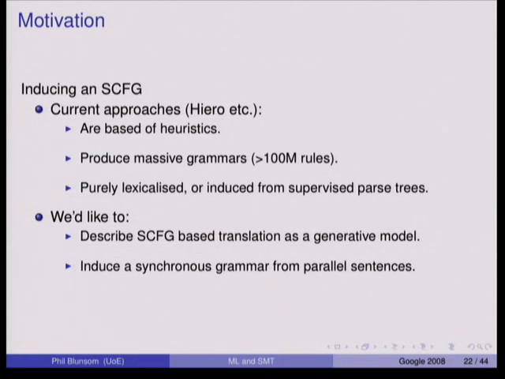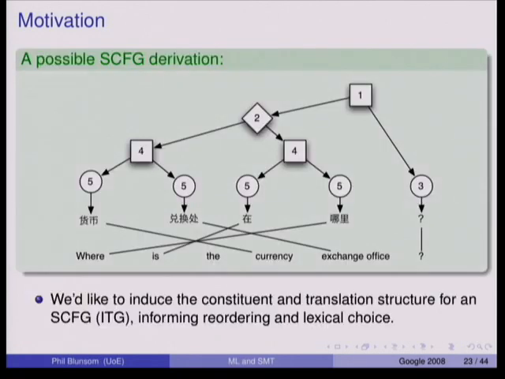And as I talked about previously, we have this reachability problem where they don't actually guarantee that they'll model the data they were extracted from. So we'd like to treat this as a grammar induction process and induce synchronous grammars. And so we're going to try some Bayesian techniques inspired by similar ideas in monolingual parsing.